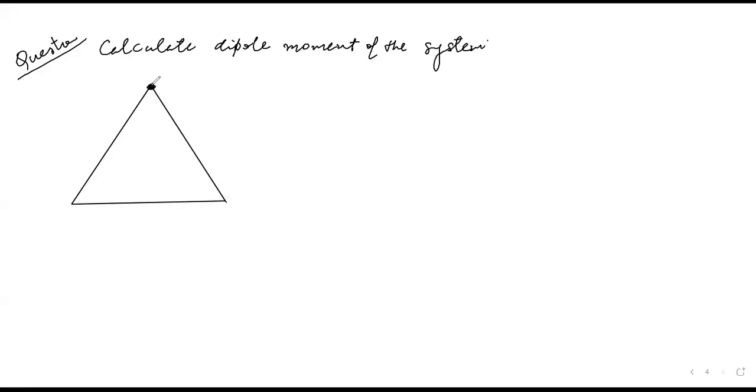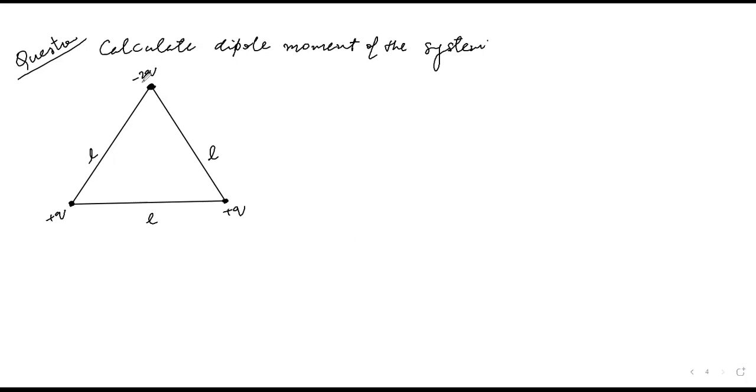This is your charge of minus 2q, and this one is the charge of plus q. This is your charge of plus q. The separation between all of the two charges is L, because we are considering here this is an equilateral triangle.